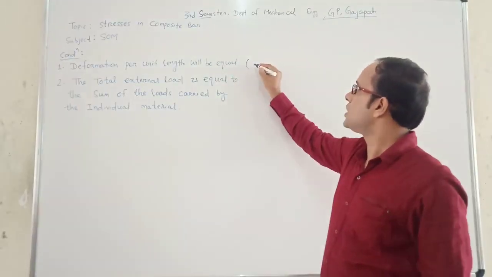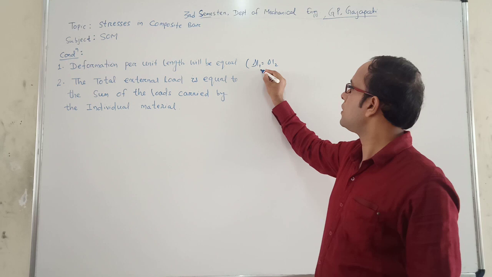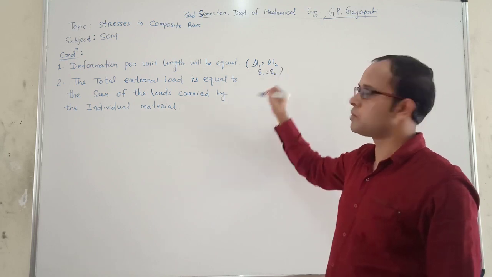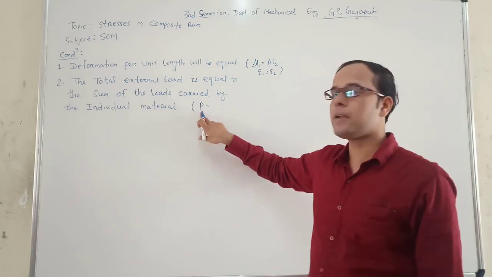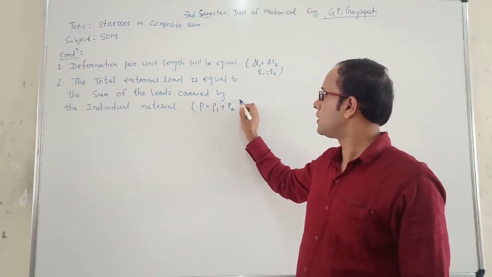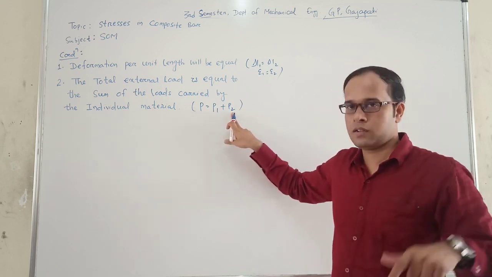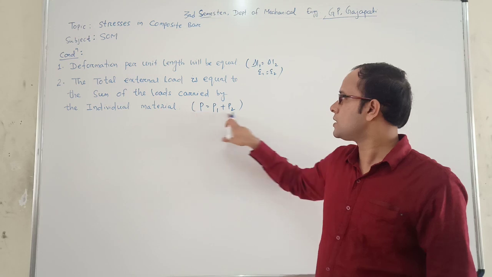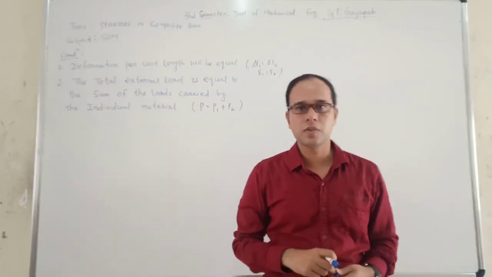That means change in length or strain will be equal for both materials. Second, load shared. Let the total load applied be P. P1 is the load shared by the first material and P2 is the load shared by the second material. These two conditions should be satisfied. Then we call it a composite material.